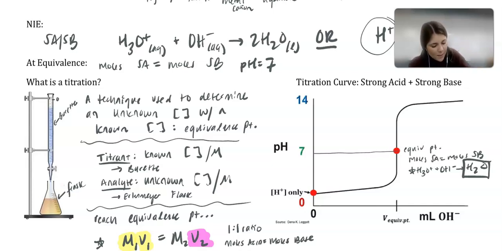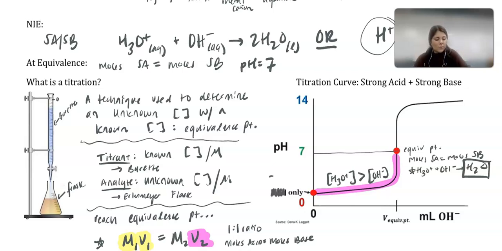Now, everything leading up to a pH of 7, this part right here, this is going to be when you have more hydronium than hydroxide. Okay, because again, if you think equivalence point, when they're equal, everything below the 7 will be more acidic.